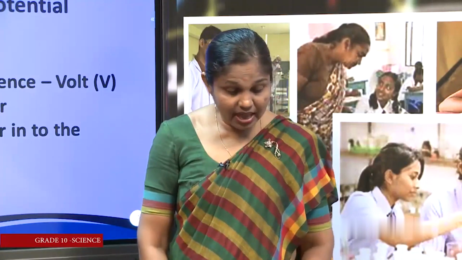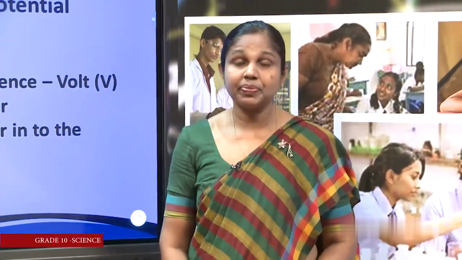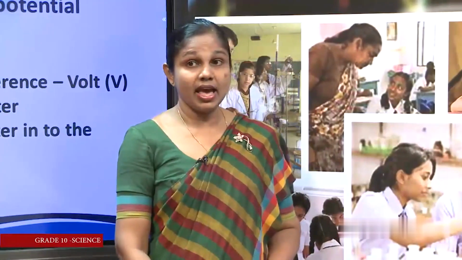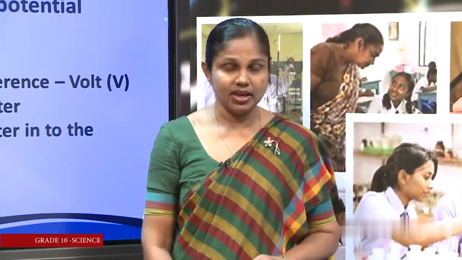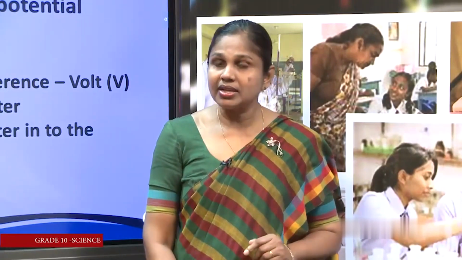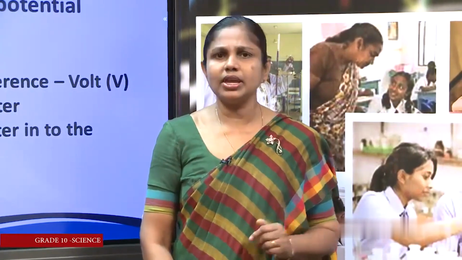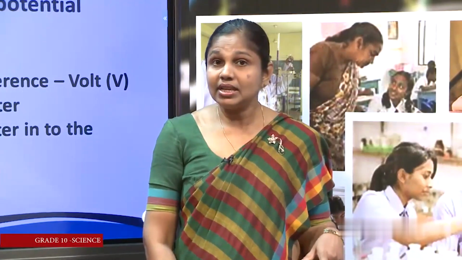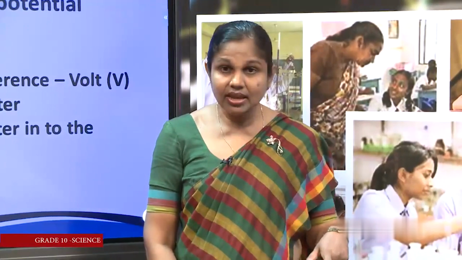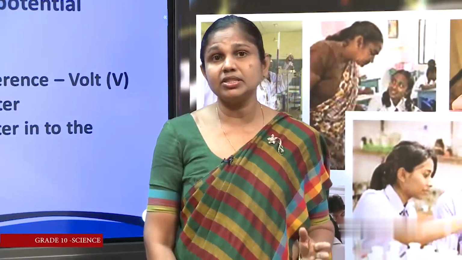Of the ammeter and the voltmeter, children, the voltmeter has a very high internal resistance and the ammeter has a very low internal resistance.